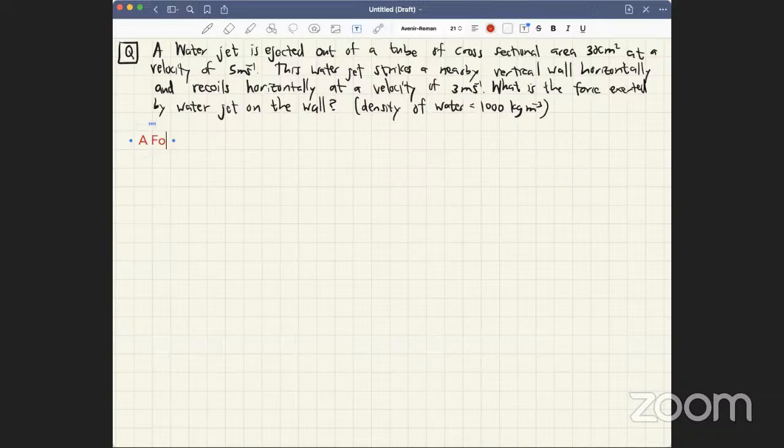A force will be exerted by the wall on water.